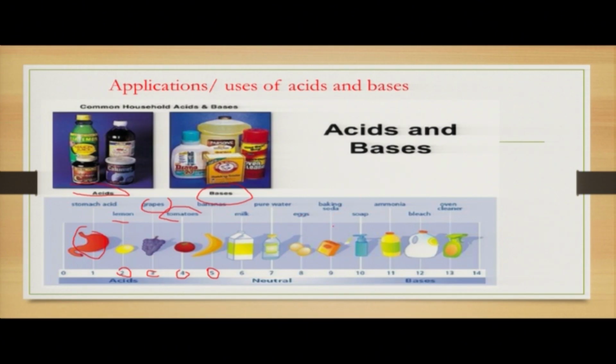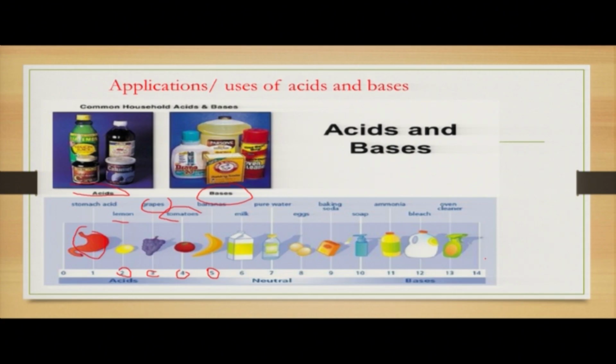If you make bread and so on, then you know what we mean by baking soda or baking powder. Then we have soaps, ammonia, and bleaches that are used for cleaning and mopping different places. So these are substances that we meet in our daily life.